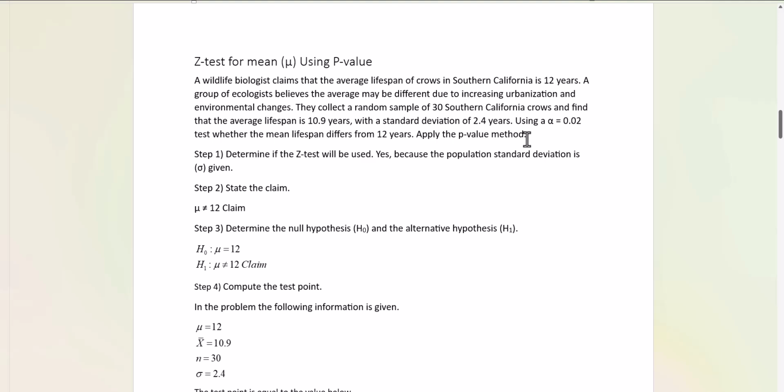Apply the p-value method. Since we are given sigma, we can use the z-test. The claim is that the lifespan differs from 12. That means that mu is not equal to 12. So H sub 1 is mu not equal to 12. H naught is mu equal to 12.